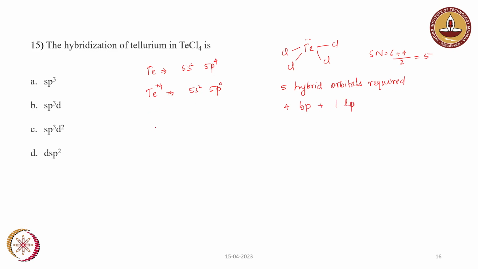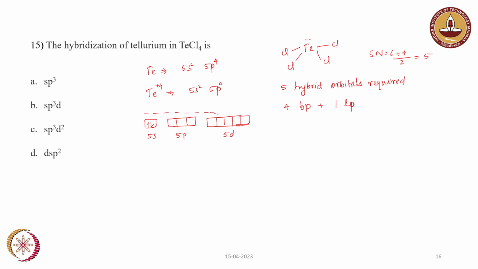So we have 5s, 5p and 5d orbitals, and for 5 hybrid orbitals we need 1 5s, 3 5p and 1 5d orbital.